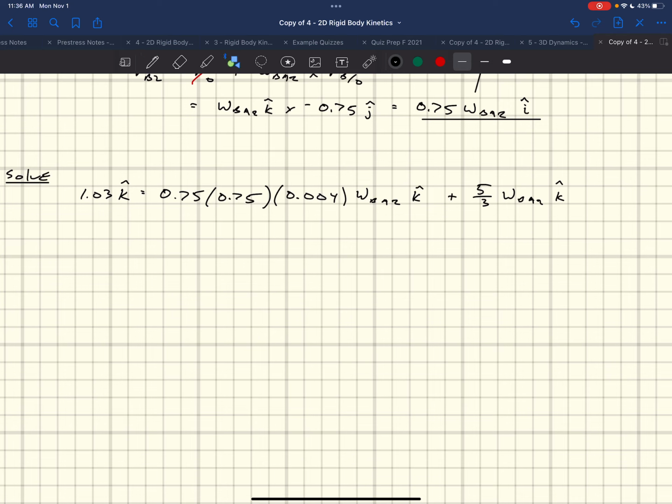I do want to point this out right here, though. This is really small. In fact, this ends up being 0.0023, which means this could probably be ignored.